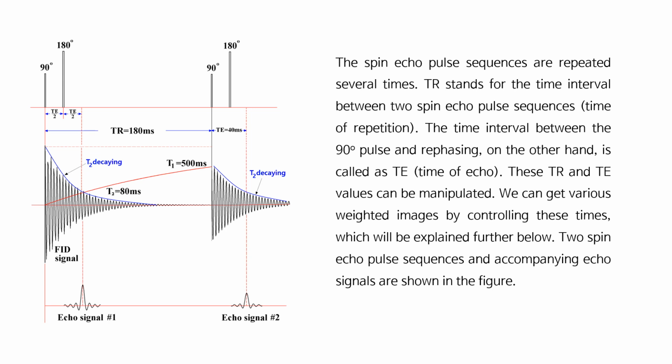The spin echo pulse sequences are repeated several times. TR stands for the time interval between two spin echo pulse sequences, time of repetition.